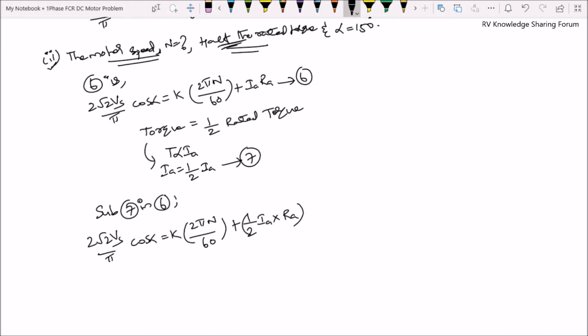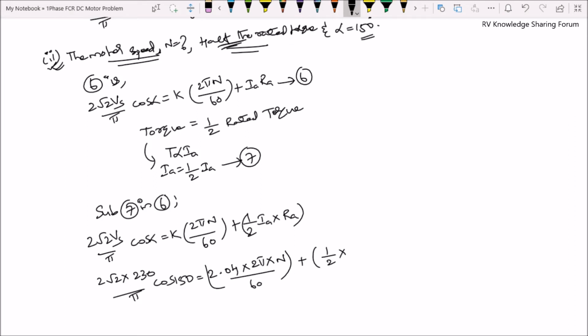Now let us substitute the data. 2 root 2 Vs is given as 230 by pi cos, and the firing angle they have given us, see here in the condition 2, alpha is equal to 150 degrees. So let us substitute that 150, which is equal to k, we have already found as 2.04 into 2 pi n divided by 60, where we have to find the value of the speed n, plus 1 by 2, our armature current Ia value is 60 into armature resistance 0.1.